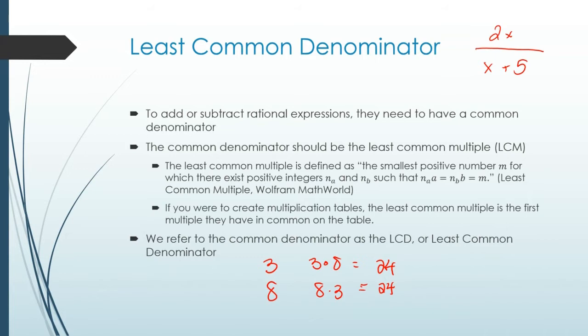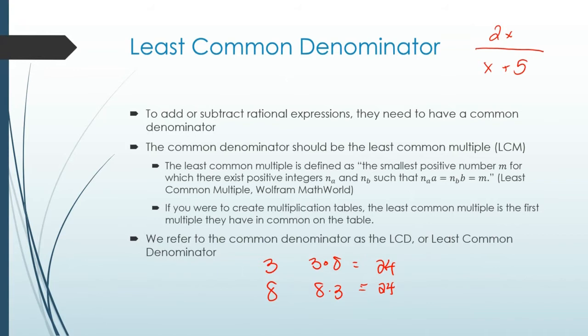And 24 is the smallest number they both have in common if you were to make their multiplication tables. So the least common multiple is a number that's a multiple of what you started with, which means it's going to be bigger than your original numbers, but it's the smallest one they have in common.